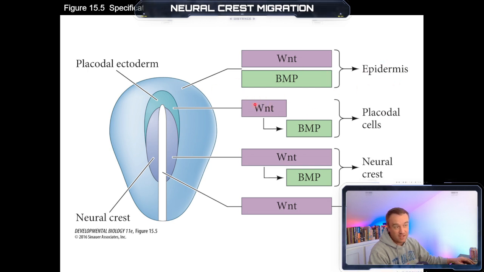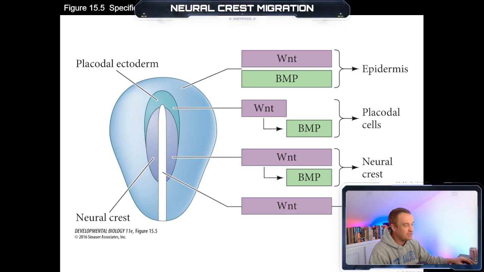In a case where WNT induces BMP and then WNT stops, they'll become placodal cells. If we have a situation where WNT is expressed for a while and then it expresses BMP but still keeps going, so at the end you started with WNT but then you end up with both, then you get a neural crest. And then in the case of the neural cells, which you can't read back here, it says neural cells, it's where only WNT is expressed.